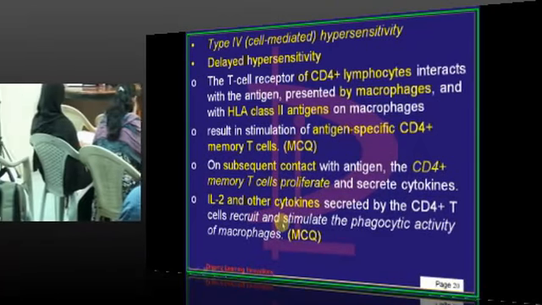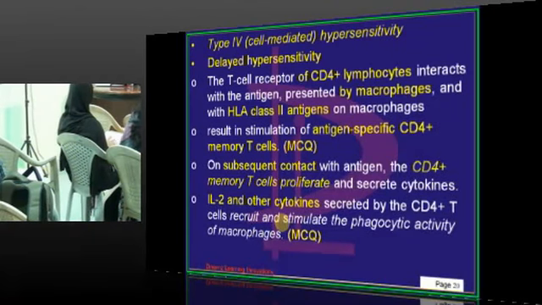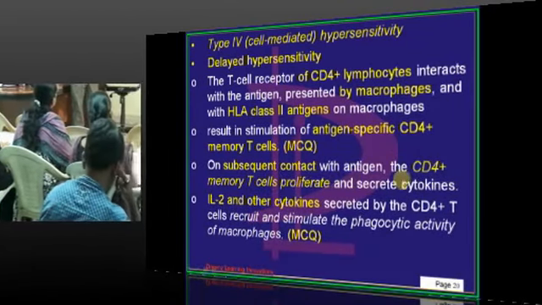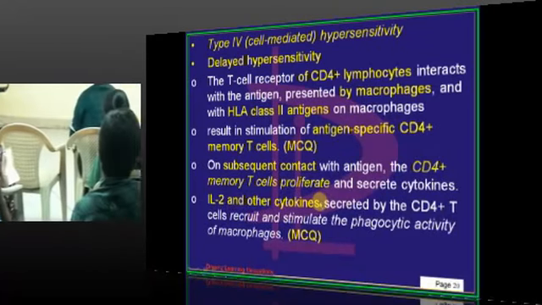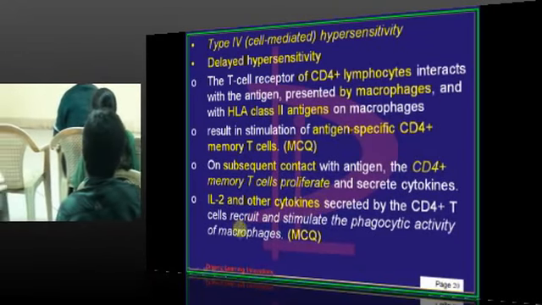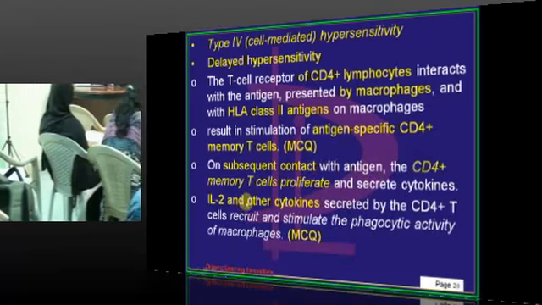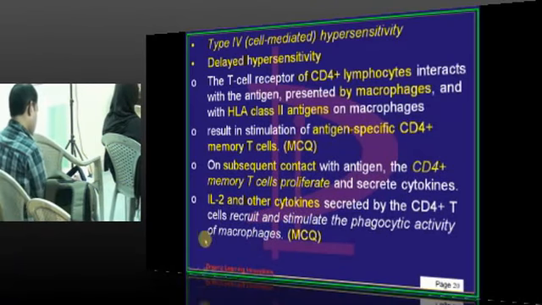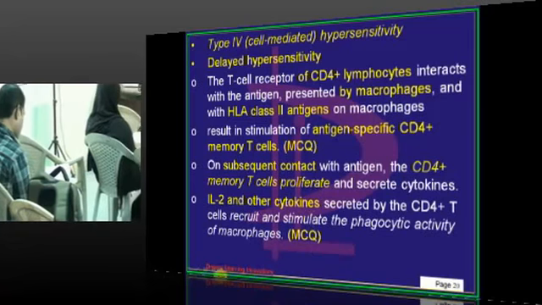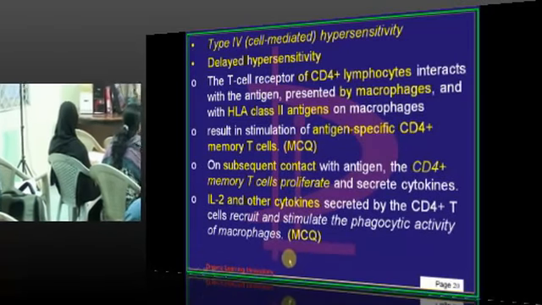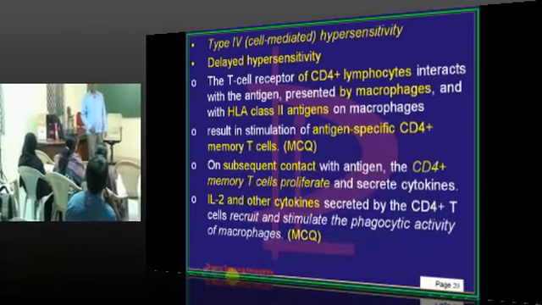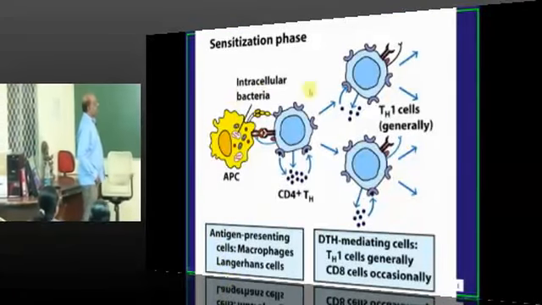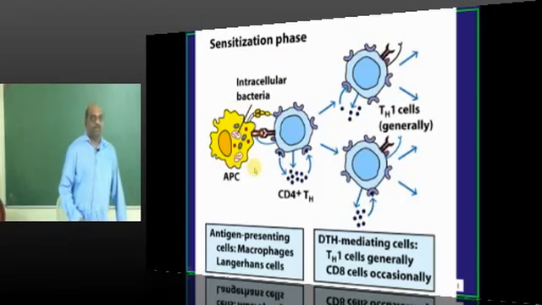So after the initial sensitization, on subsequent contact with the antigen, the CD4 positive memory T cells will hyperproliferate and lead to the release of cytokines, and especially interleukin 2 and the other cytokines are very important. They stimulate the phagocytic activity of the macrophages, which will do all the required dirty job of type 4 hypersensitivity, is what needs to be remembered.